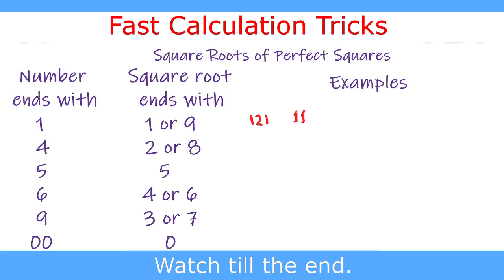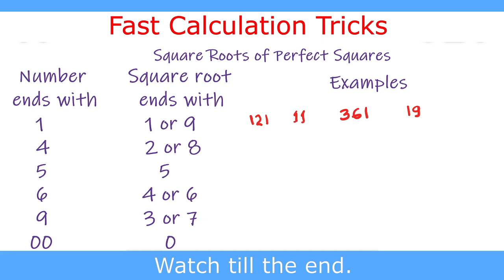Similarly, the number 361 is a perfect square and ends with 1, and the square root of 361 is 19, and the number 19 ends with 9. Thus, we can say that when the square root ends with 1 or 9, its square ends with 1.